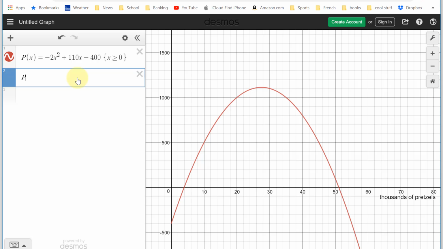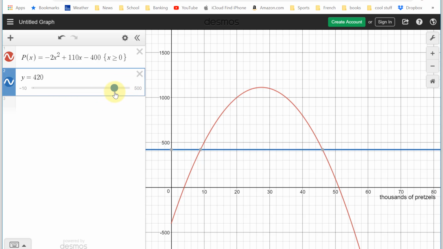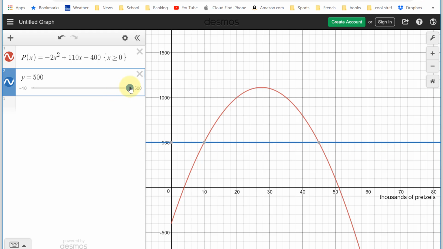Another thing to include in the graph is the constant profit. So let's just say y equals 500. That creates that. I could adjust it, but I want it at 500.